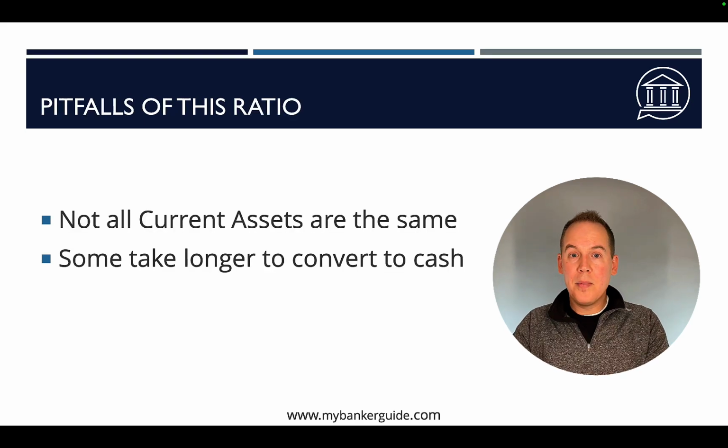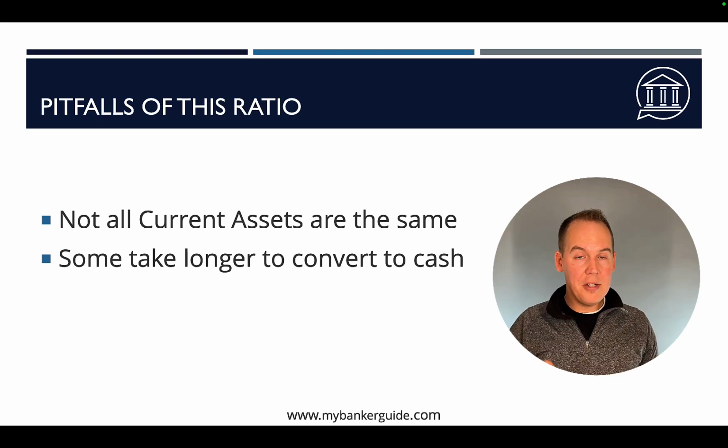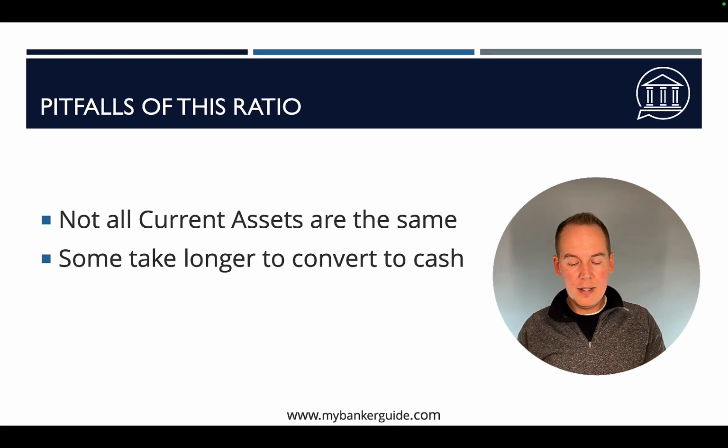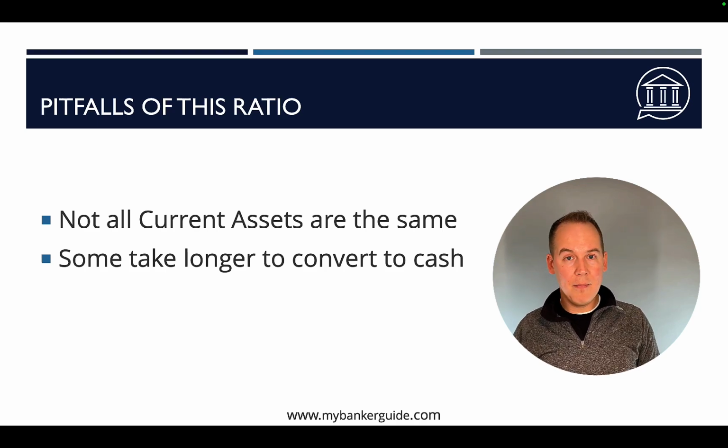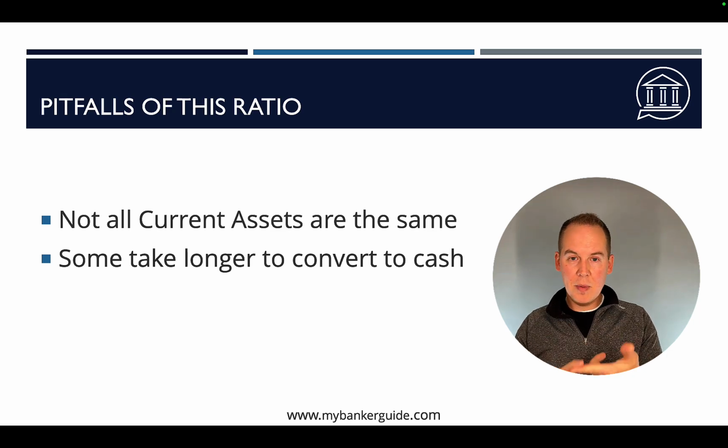Now, let's talk about some potential pitfalls of this ratio. Again, the overarching goal of this ratio is to look at their ability to meet their short-term obligations with existing short-term assets. And why that's important is that not all current assets are the same. Because remember, inside that bucket, we had cash, we had accounts receivable, we had inventory. Well, if I have to pay that bill tomorrow, I can use the cash.